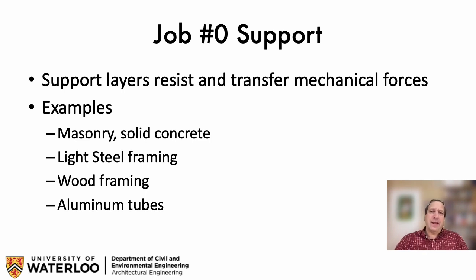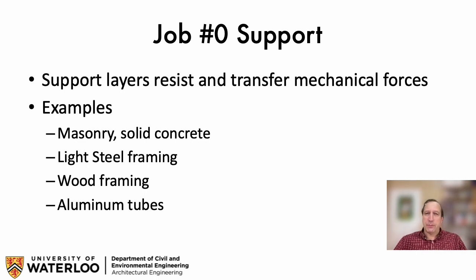Light gauge steel framing can be used as a part of the superstructure, but is very much 90% used as a support structure only, meaning it doesn't support the floors or the roof or anything like that. Light wood framing is, again, 90% used in the superstructure and support structure role on lower rise buildings, but we're starting to see it used more and more as infill, meaning pure support structure, no superstructure.